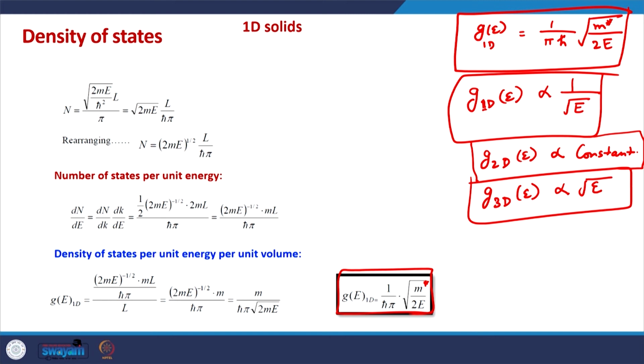Now, the last thing that is left in the density of states discussion is the density of states in 0D solids. 0D solids mean quantum dots or organic molecules.